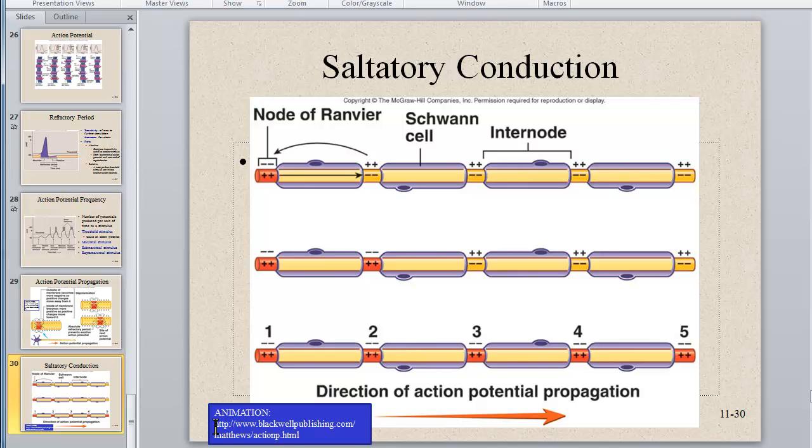Those type C fibers are the ones we talked about that might control your endocrine gland secretion or small smooth muscle contraction through the GI tract. We don't want rapid transmission in those cases. So therefore those nerve fibers are unmyelinated with a small diameter.